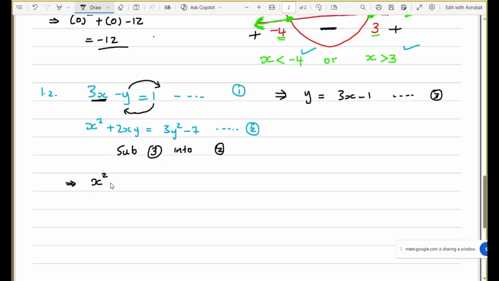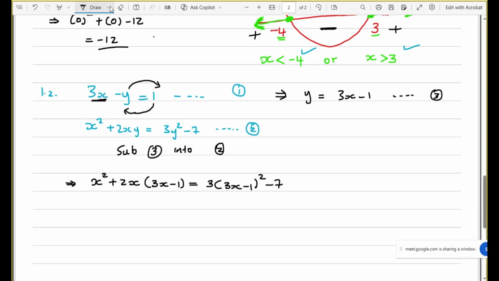So x squared plus 2x, inside the bracket where there's y, I'm going to put 3x minus 1. And this is equal to 3, where there's y, 3x minus 1 squared, minus 7.